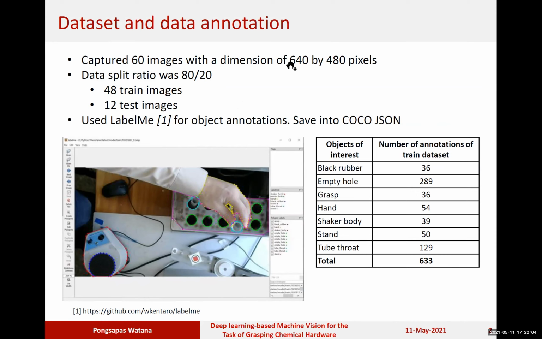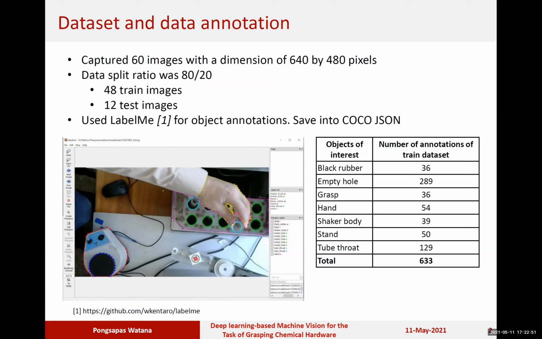We capture with a dimension of 640 by 480 pixels in landscape orientation, and we save it into BMP format without any pre-processing, such as adjustment in contrast, brightness, or data augmentation, because we want to simulate the real environment. After that, we split the data with a ratio of 80-20. So 48 will be training images and another 12 images for testing.